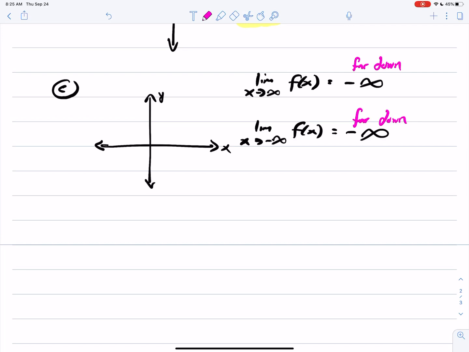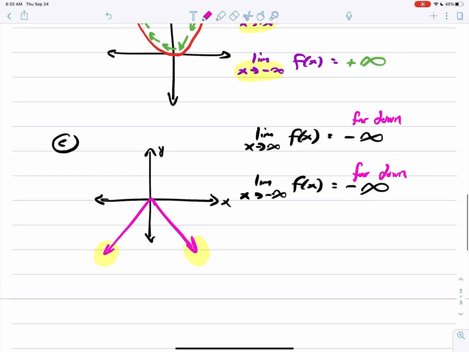So the easiest one to think of is maybe the absolute value function that's reflected. Notice that when I walk towards the left, it goes all the way down, and when I walk towards the right, it goes all the way down as well. Okay? So this right here, if you guys remember, is just y equals the negative absolute value of x, because that is just your reflection across the x-axis, okay?